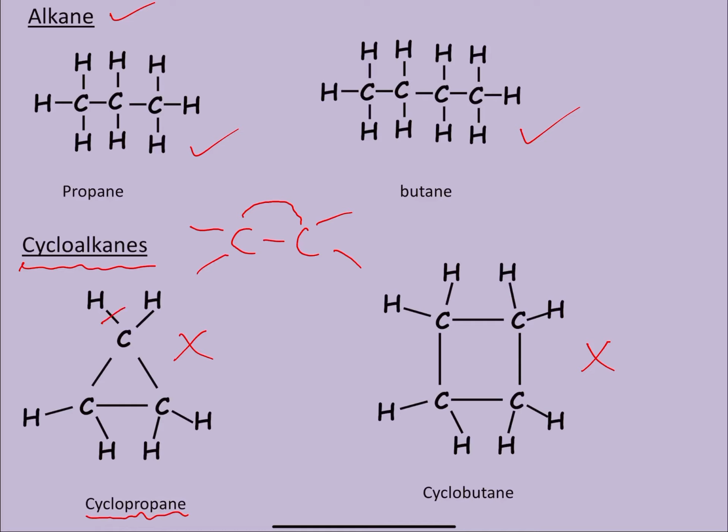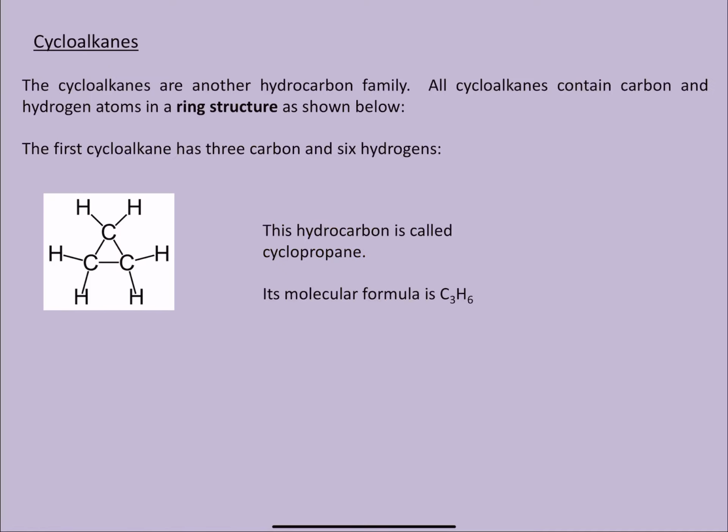Just make sure all your carbons have 4 bonds around them. If you're ever drawing these, remember carbon's in group 4, so it must make 4 bonds. Cyclobutane is in a square, cyclopentane is in a pentagon style, and cyclohexane is a hexagon, etc, etc. So like I said, cycloalkanes are all in a ring structure.